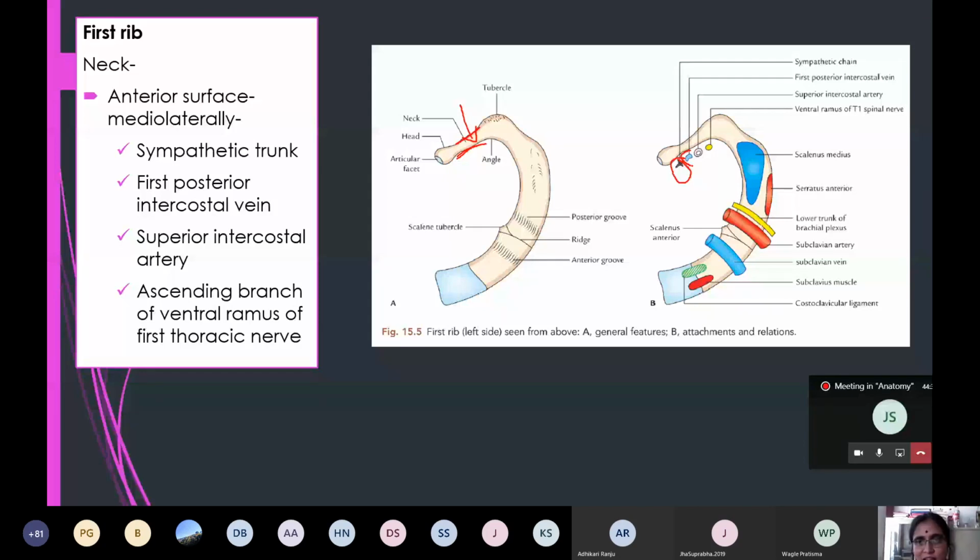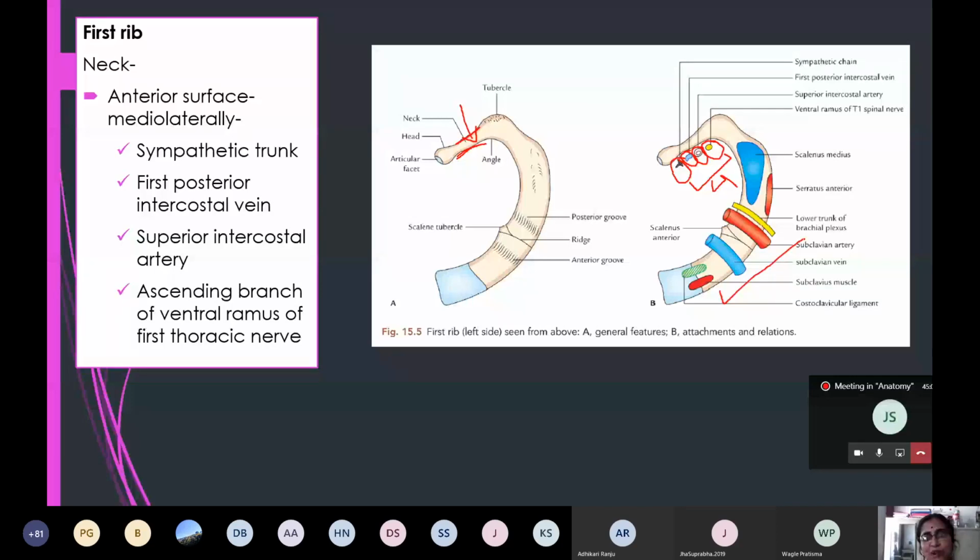How many structures? 4 structures. This is a very important diagram that we ask most of the time in SAQ. Also draw a well-labelled diagram showing the relation of the first rib.